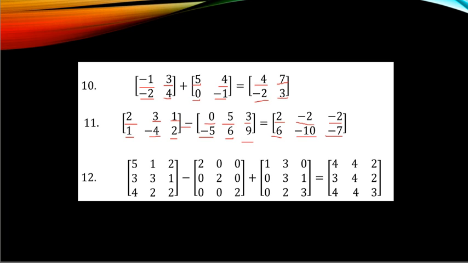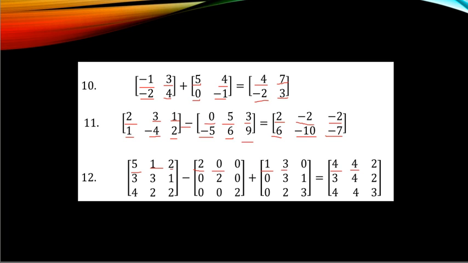For number 12, you subtract the first two matrices and add your result to the third matrix. So you have 5 minus 2 is 3. 3 plus 1, you have 4. That's a 4 you have here. Then 1 minus 0 is 1. 1 plus 3, you have 4.